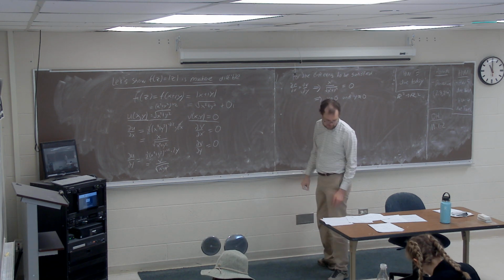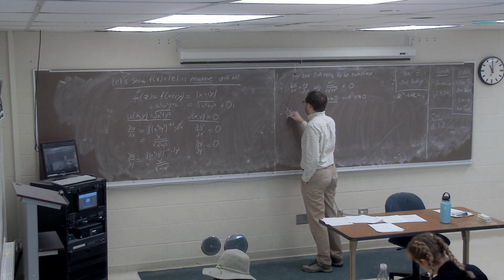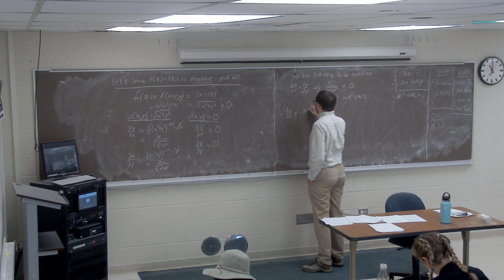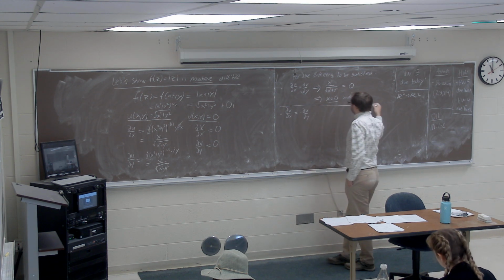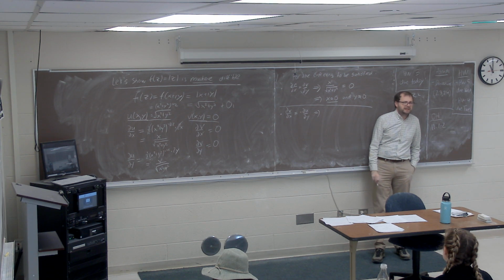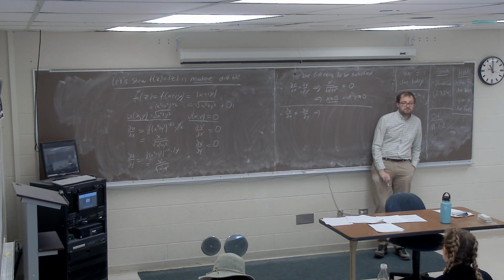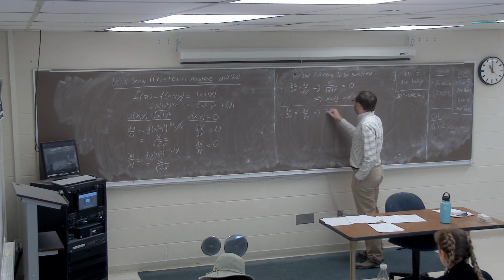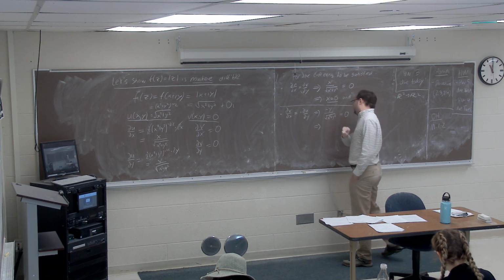How about our other one? Del v del x is equal to negative del u del y. What equation do we get here from our specific function? Negative y over square root of x squared plus y squared equals 0, which tells us what?